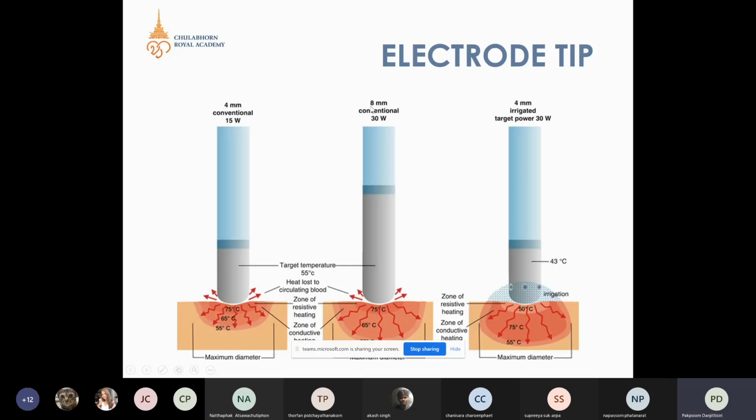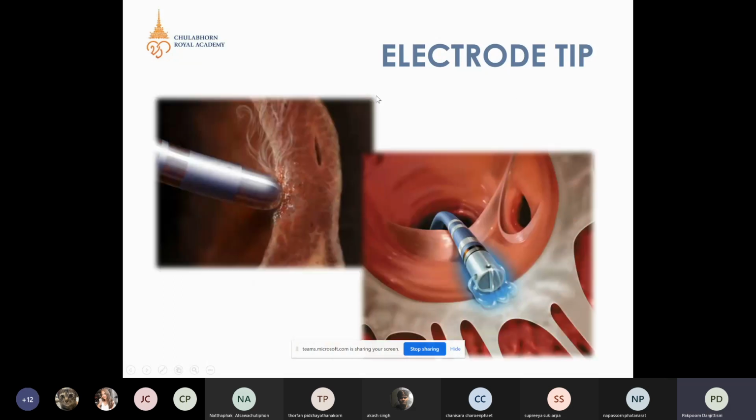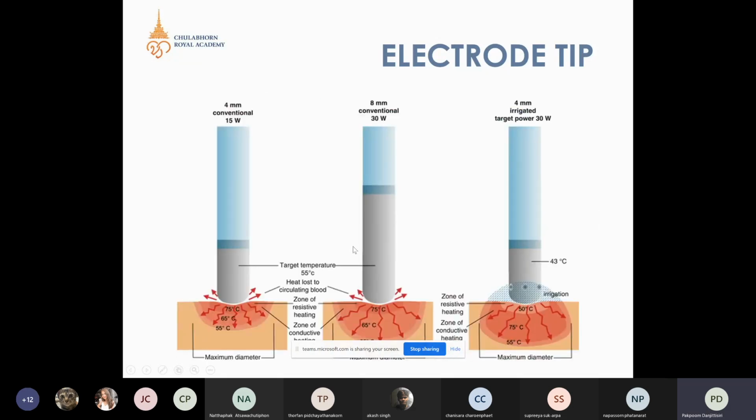Then see the 8 millimeter. The 8 millimeter can use a power of 30 watts to destroy the abnormal tissue until its temperature rises up to 55 degrees Celsius.